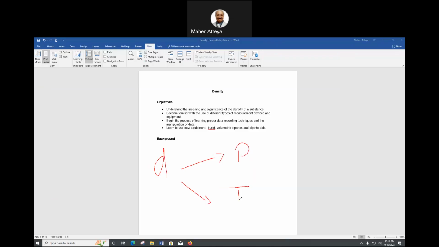If you change the temperature, the density will change. Correct? So it's intensive, yes. It does not depend on the amount. However, the conditions have to be met. All the time we take our conditions, P is 1 atm, and most of the time in the lab, we use T as 25 degrees Celsius.